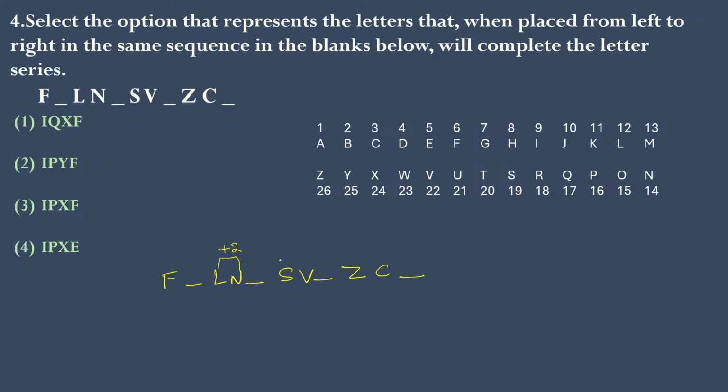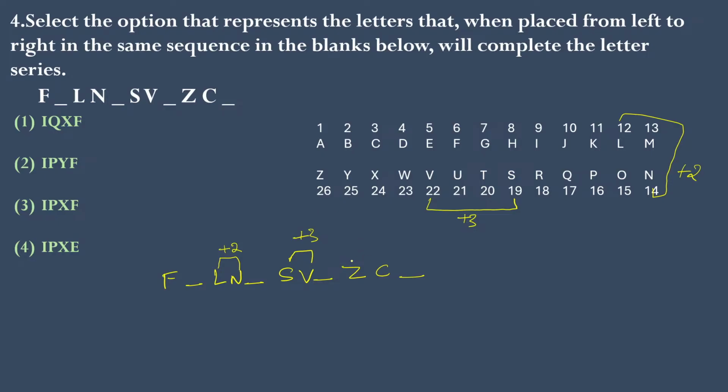Next, see here SV: S is there, V is there, so from here to here we have plus 3. From L to N we have plus 2. Here to here we have plus 3. And Z to C we have plus 3.